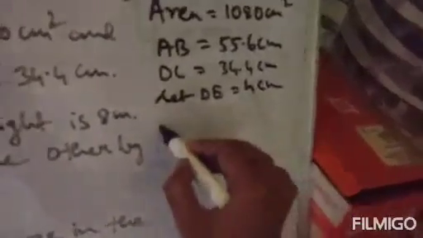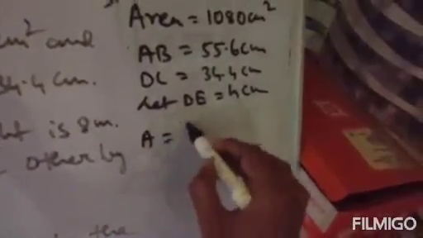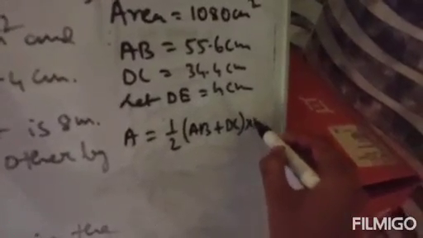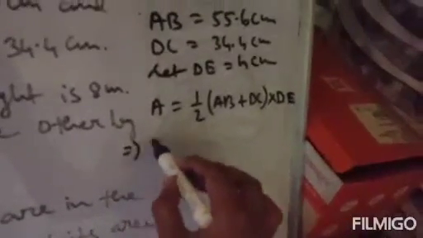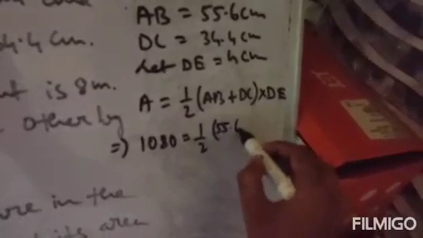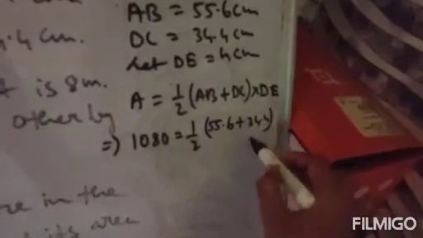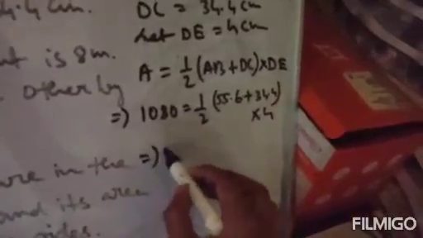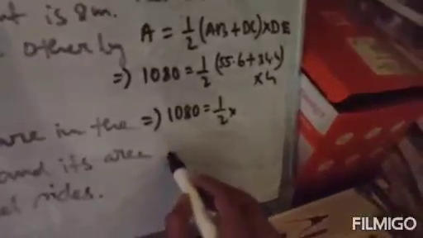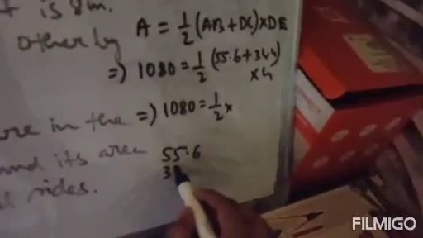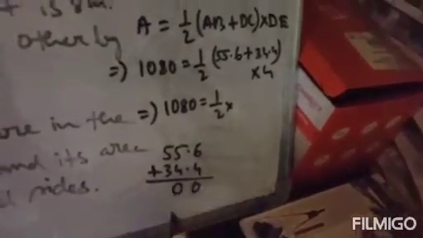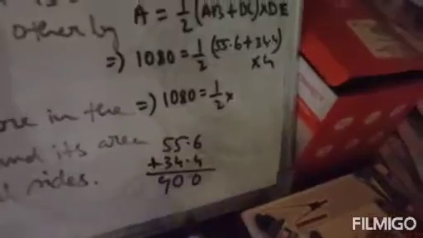Now apply the area of trapezium formula. So 1 by 2 sum of parallel sides, that is AB plus DC, into distance or height between them, that is given by D. So area given as 1080 equals to 1 by 2, AB is 55.6, DC is 34.4, into D is H. Now just add in rough space, 55.6 plus 34.4. 6 4s are 10, carry 1, 5 4s are 9 and 1s are 10, carry 1, 5 3s are 8, 1s are 9, so 90.0, that means 90.